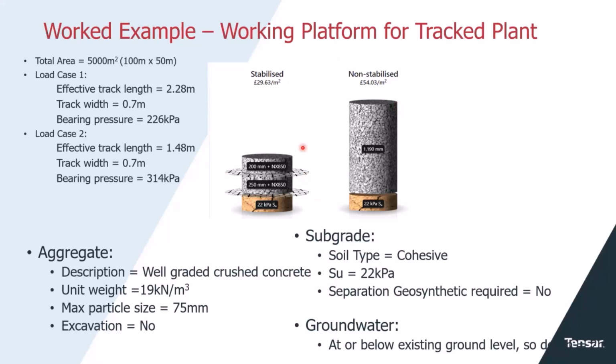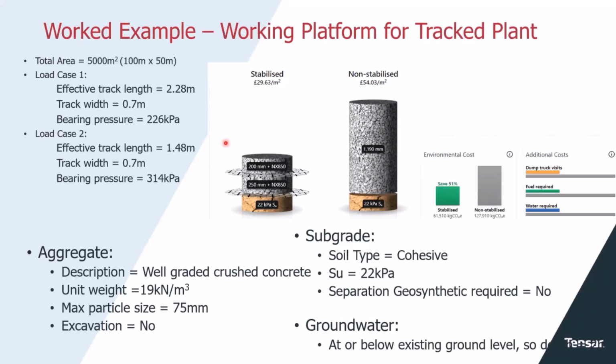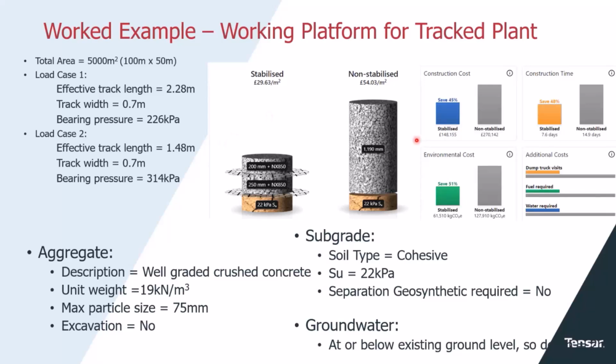But by using 2 layers of Tensar NX850 stabilizing geogrids, we were able to make a significant saving in the construction costs. And this is also something that the software automatically provides you. It's a cost estimate of this working platform, including the savings, but not only in monetary value, also in time.